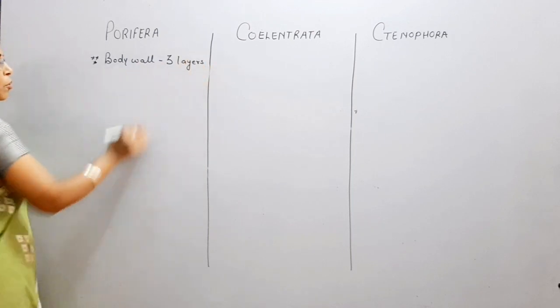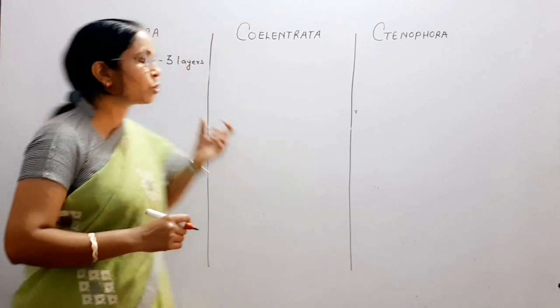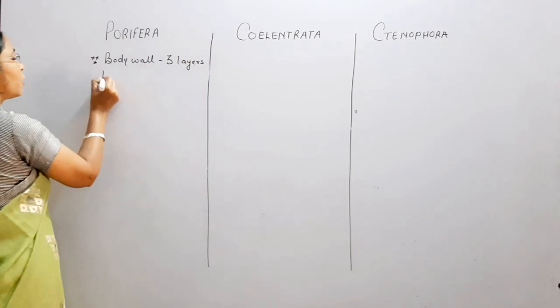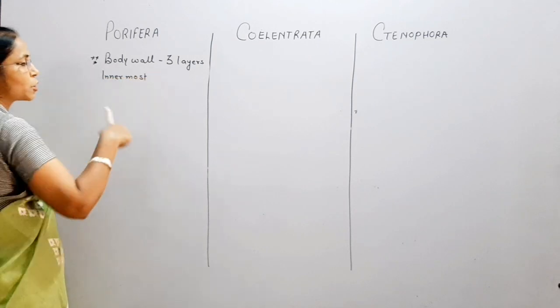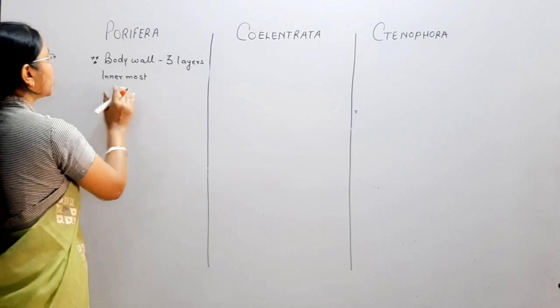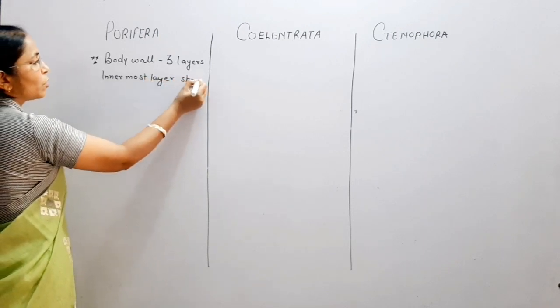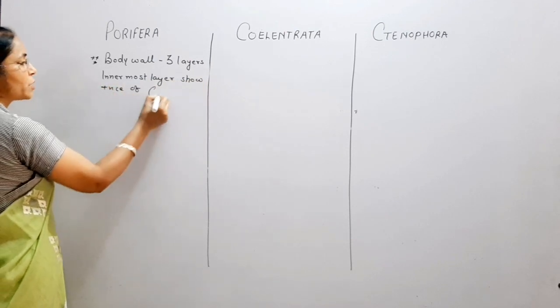These 3 layers are called pinacoderm, mesoderm and choanoderm. Here, for revision purposes, the innermost layer, the layer which lines the spongocele, shows the presence of special cells.